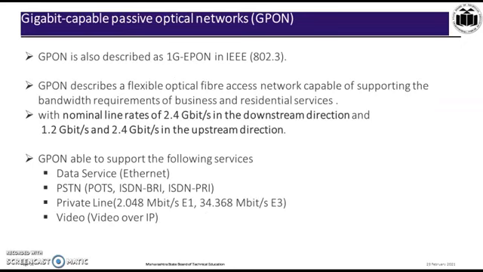The gigabit capable passive optical network. GPON is also described as 1G EPON as per the IEEE standard 802.3. The GPON describes flexible optical fiber access networks capable of supporting the bandwidth requirements of business and residential services with nominal line rates of 2.4 gigabits per second in the downstream direction and 1.2 gigabits per second and 2.4 gigabits per second in the upstream direction.